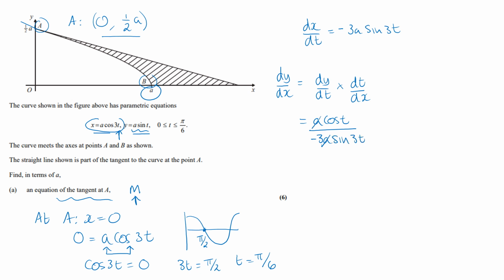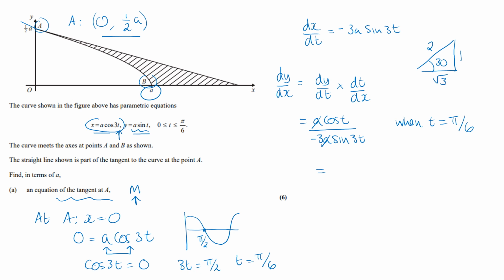The a's will cancel, and now we'll need to sub in what is the gradient when t is equal to pi by 6. So cos of pi by 6, well, if you think of your special triangles, or you can just use your calculator, pi by 6 is 30, and sine 30 is a half, opposite over hypotenuse. By Pythagoras, that is root 3.